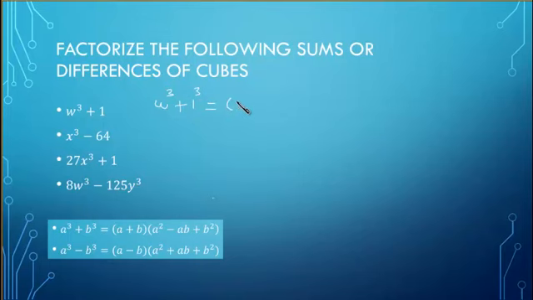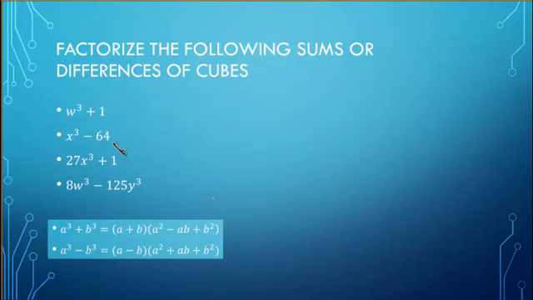So this becomes w plus 1 times, and just follow this, w squared. Notice it's the first term squared minus the product of the two terms, so that's w, and then plus the last term squared. 1 squared is simply 1. So here we have factorized this expression.